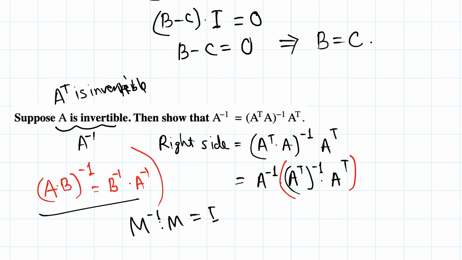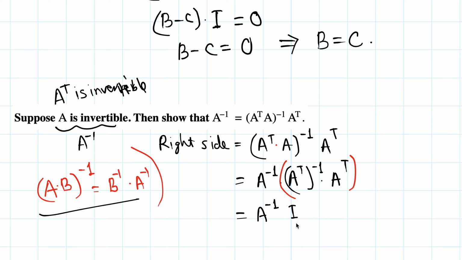If you multiply a matrix by its inverse, we get the identity matrix. That's the definition of being an inverse. So A transpose inverse times A transpose will be just I. So this is A inverse times I.